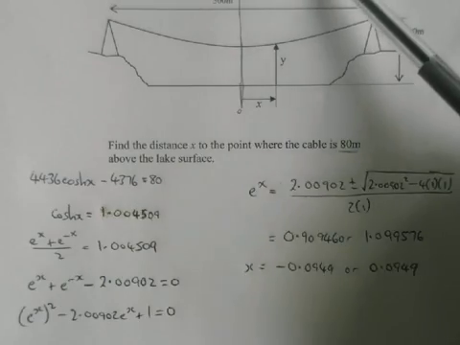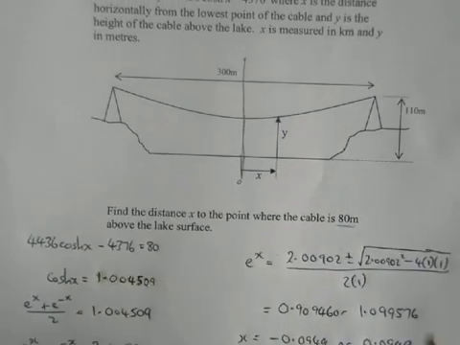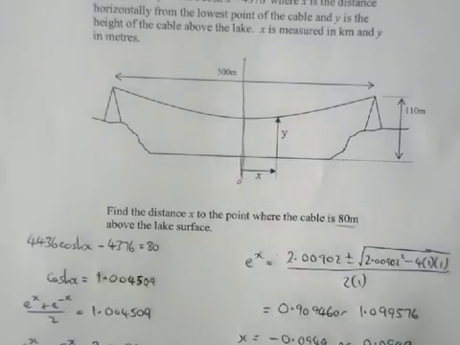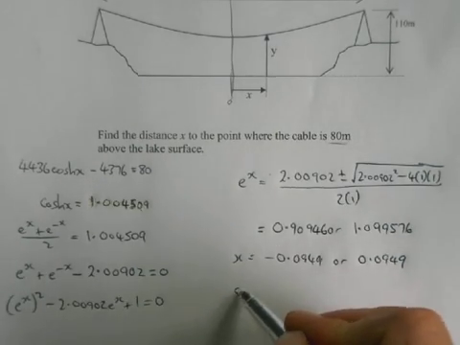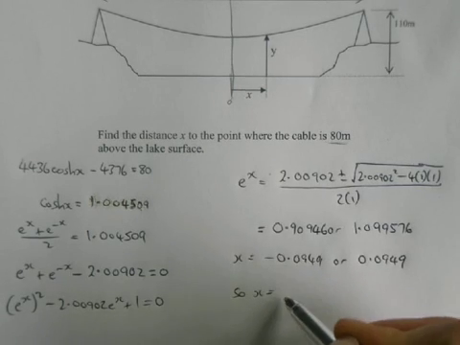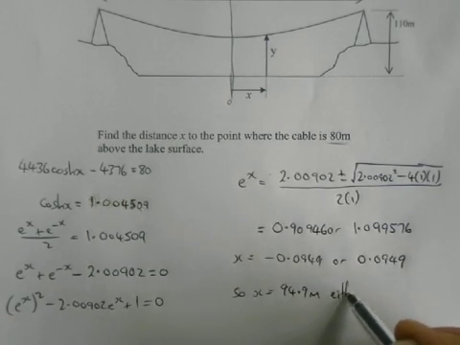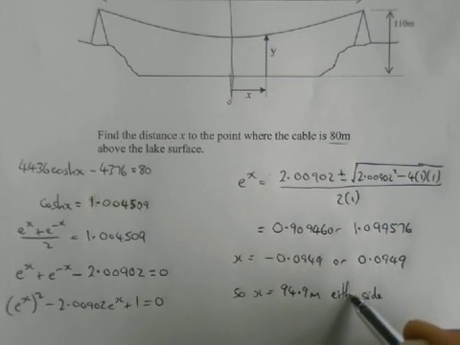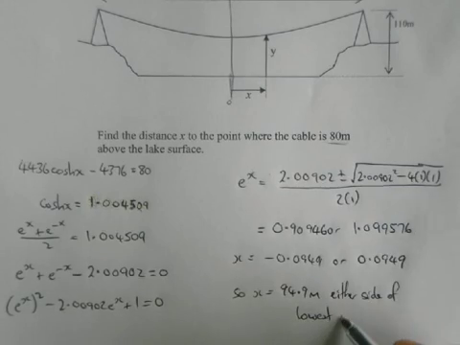And I just need to check, because x was in kilometres, it said at the top there. X is measured in kilometres, so these two answers are in kilometres. So x equals, you put it back into metres, 94.9 metres either side of the lowest point.